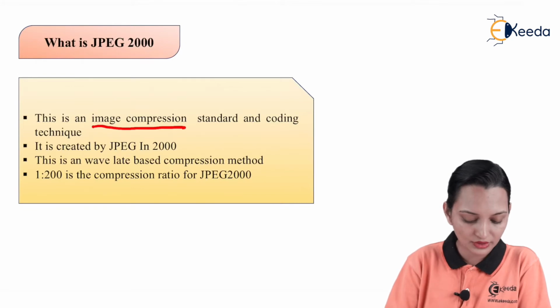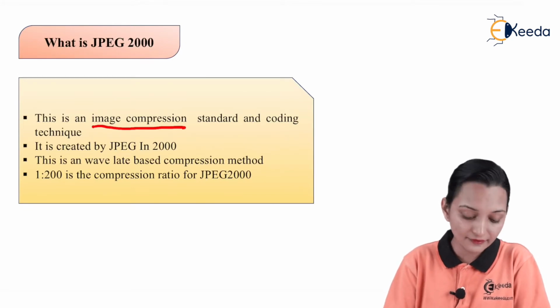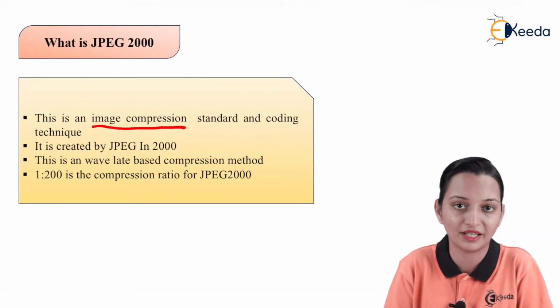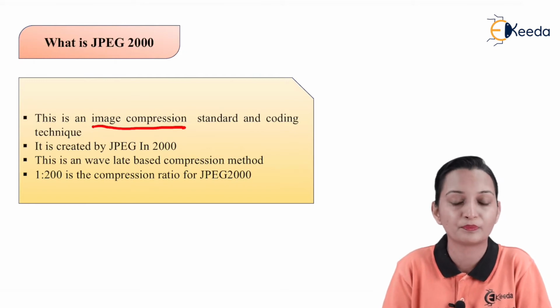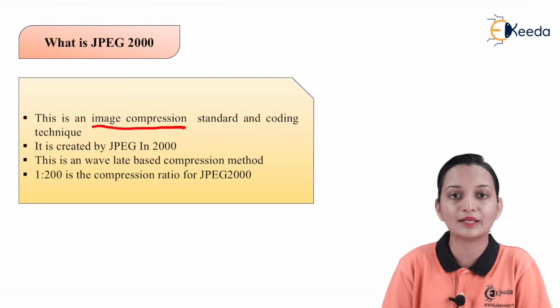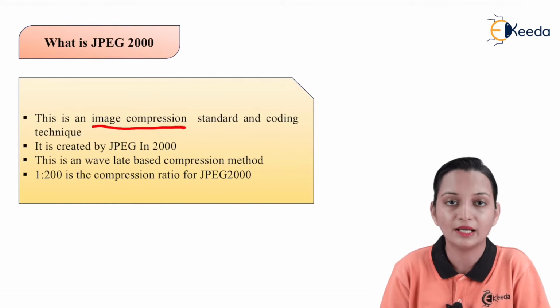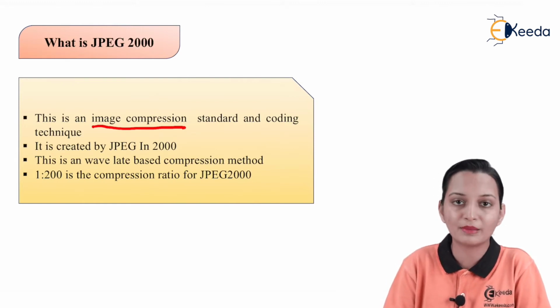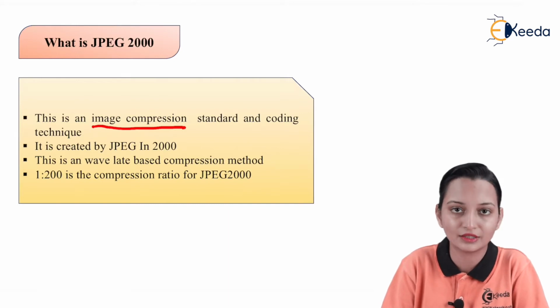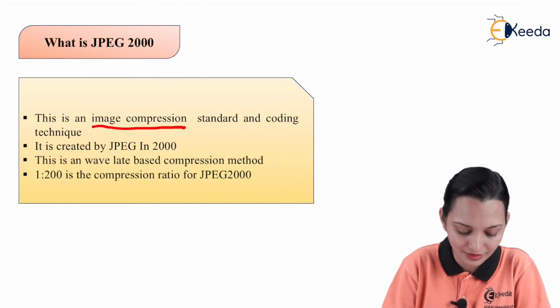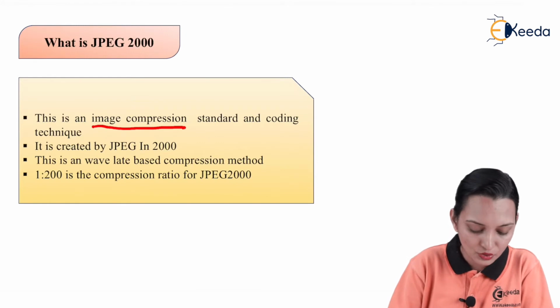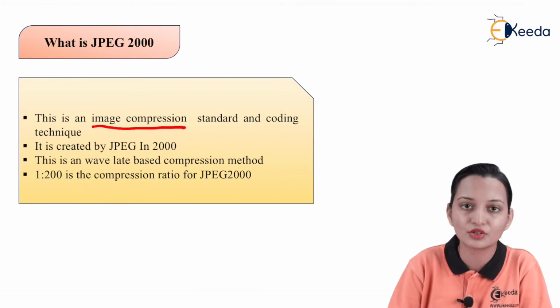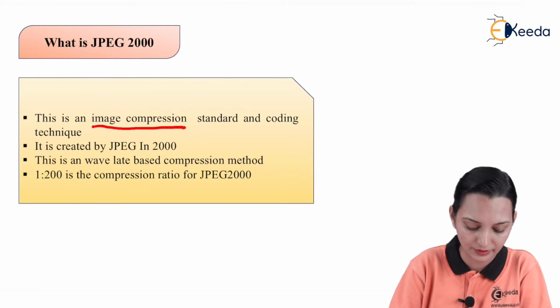After JPEG, the technique we can use for image compression is JPEG 2000. As we all know, there are a few drawbacks of JPEG, and to overcome those drawbacks, it was developed by the JPEG group itself in 2000, hence the name JPEG 2000. It was created by the Joint Photographic Experts Group in 2000.